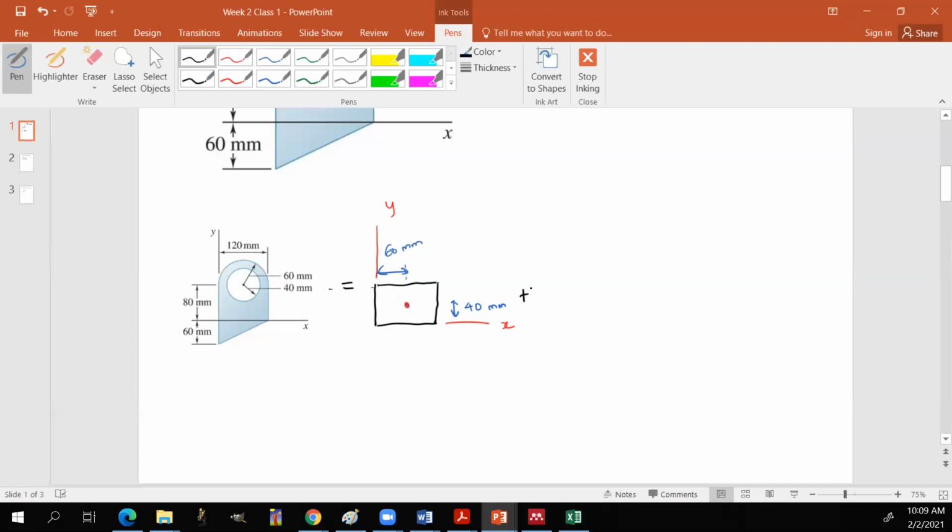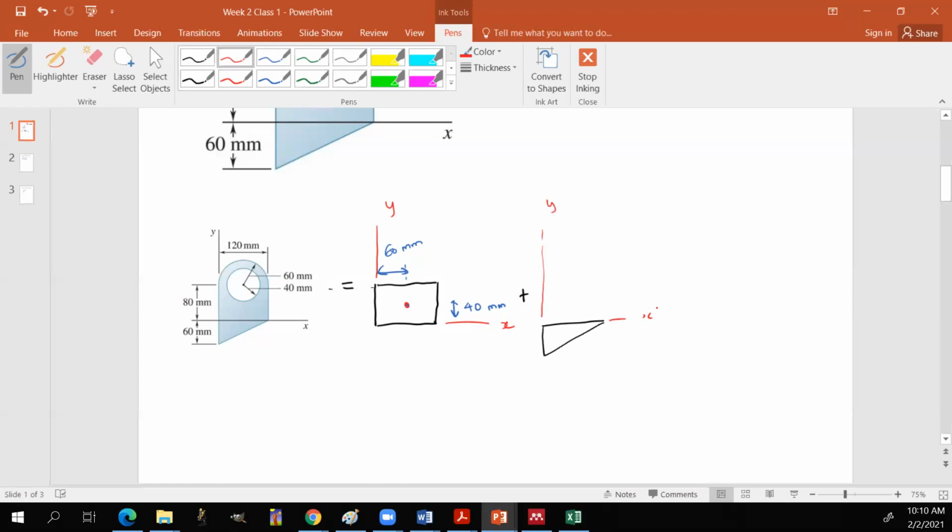Plus, what's the next shape? Let's look at this little triangular shape at the bottom over here. Again, remember, your coordinate frame has to remain the same.